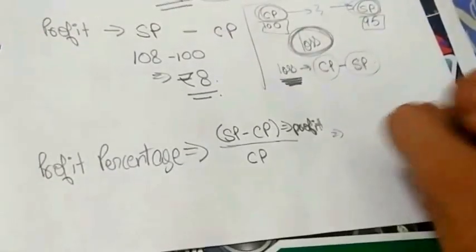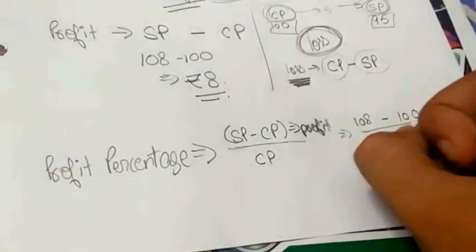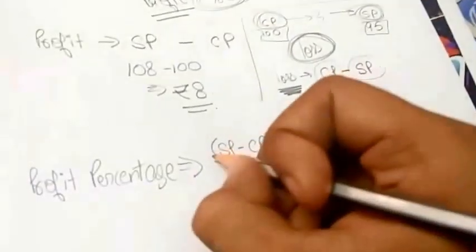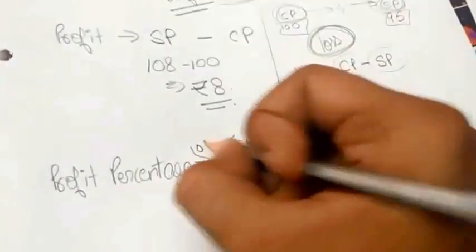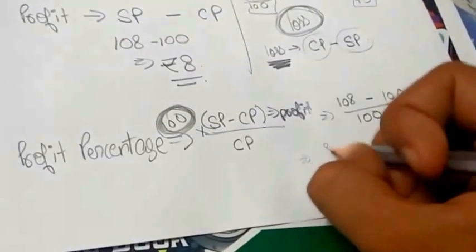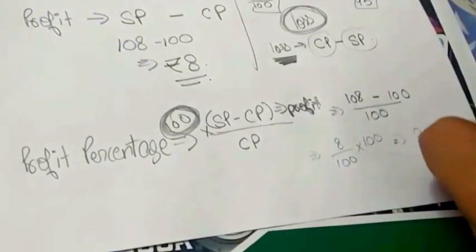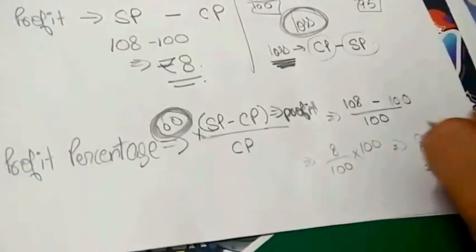We had our CP as 100 rupees and our SP as 108. In this formula, we multiply by 100 because we have to calculate the percentage. So this would be 8 by 100 into 100. So we have an 8% profit.